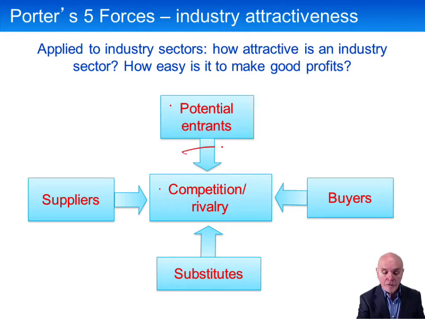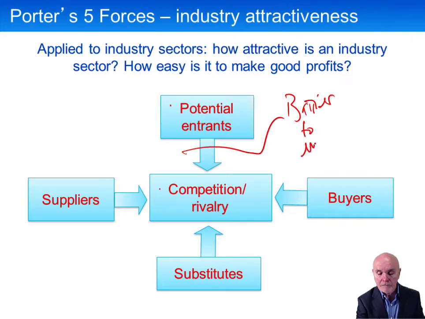What we're looking for here is a barrier to entry. What cuts down the ease with which new entrants come in? Barriers to entry can be items like high capital expenditure, a high amount of capital being required. This is a risk; you have to go out and get it. A lot of know-how.